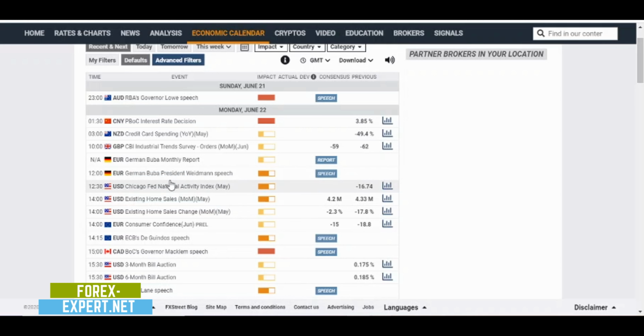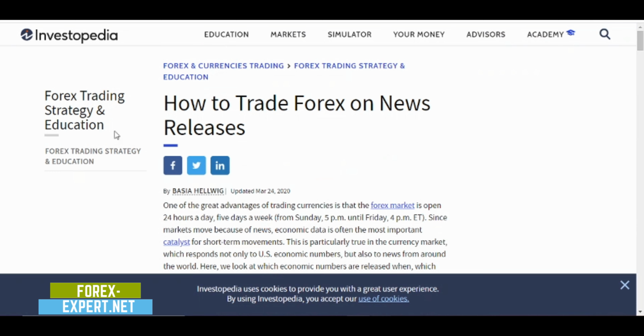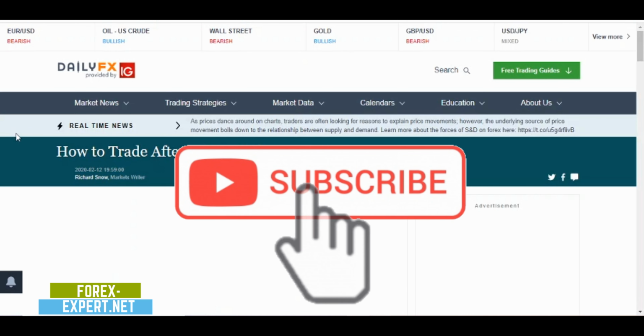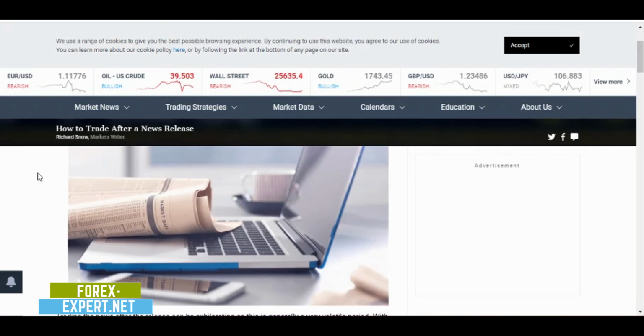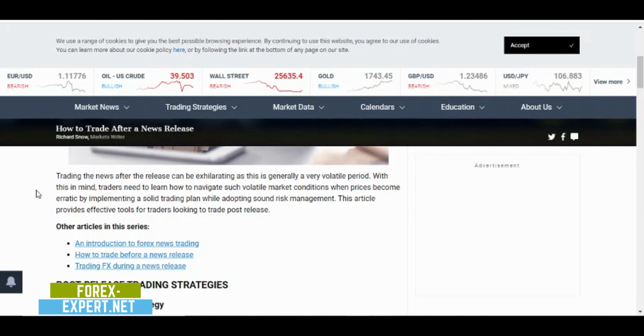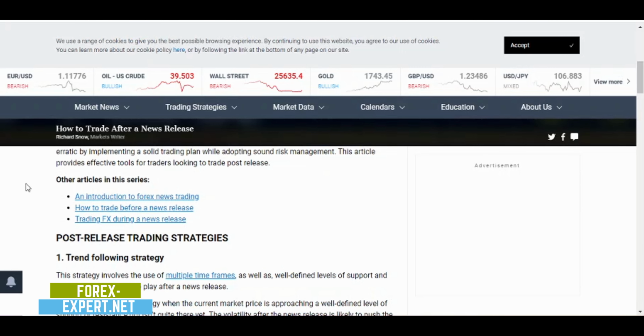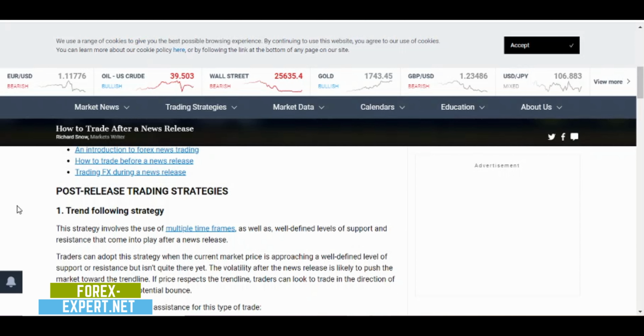Okay, so as I promised previously, I'm gonna share with you three strategies. I found this on dailyfx.com provided by IG. So make sure to read it if you are interested to trade after news release. Okay, so the first strategy is a trend following one.